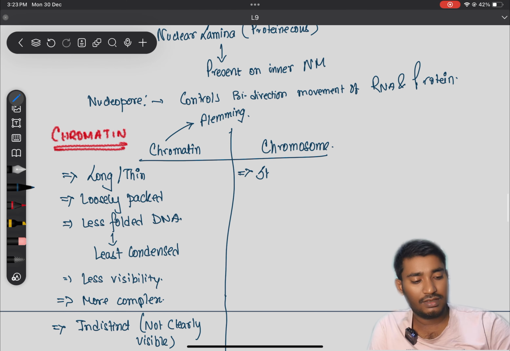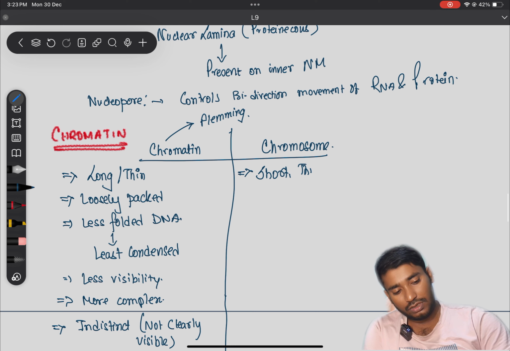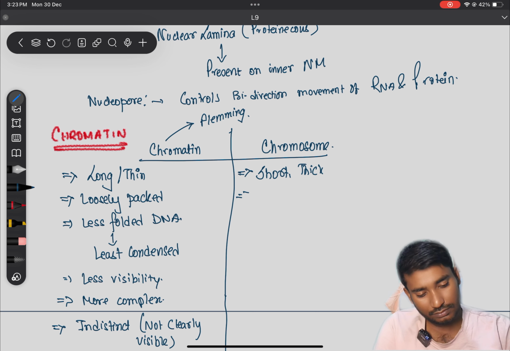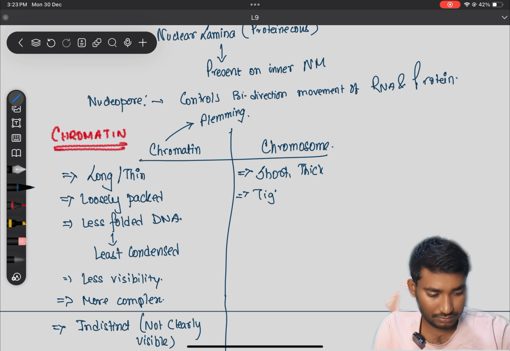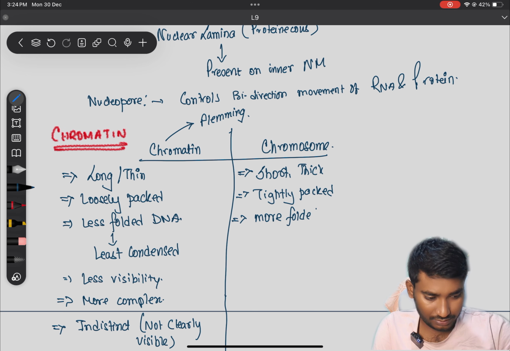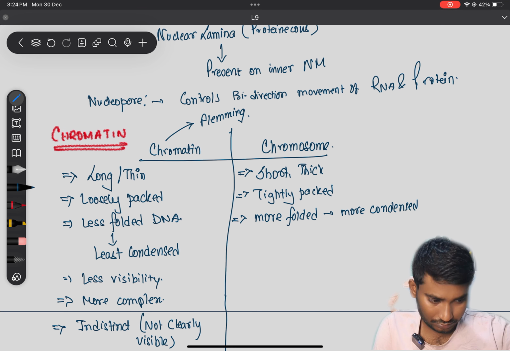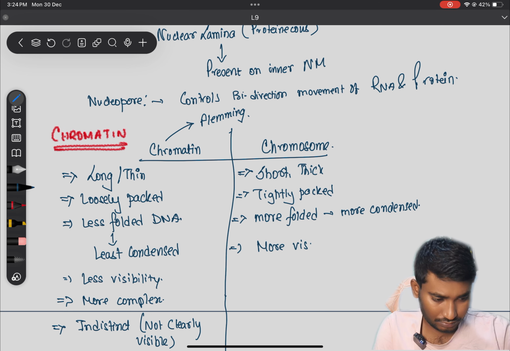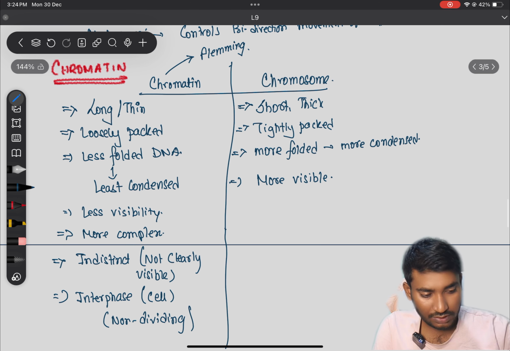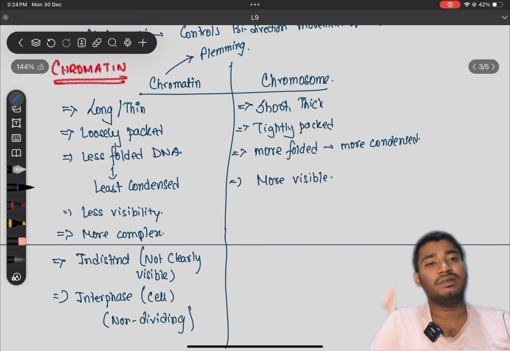And this is chromosome. It is short and thick, tightly packed, more folded and more condensed, more visible. So chromosome is more condensed and more visible.